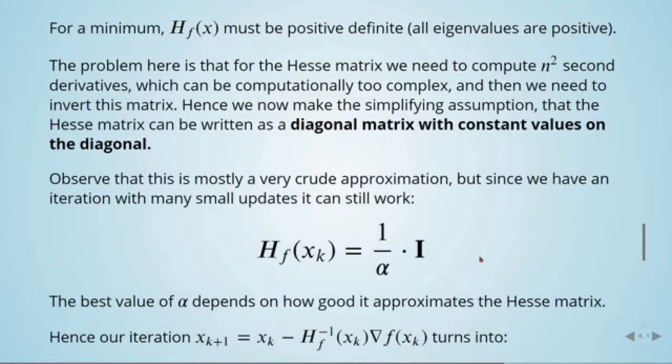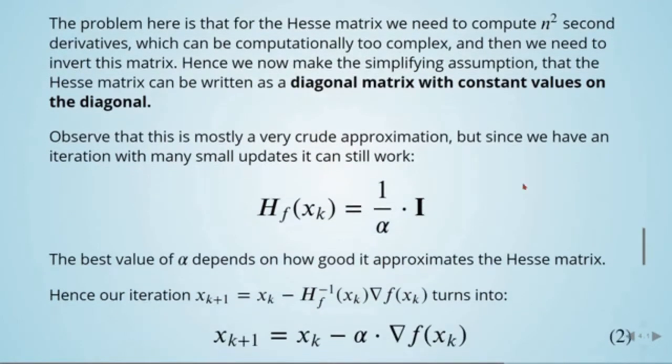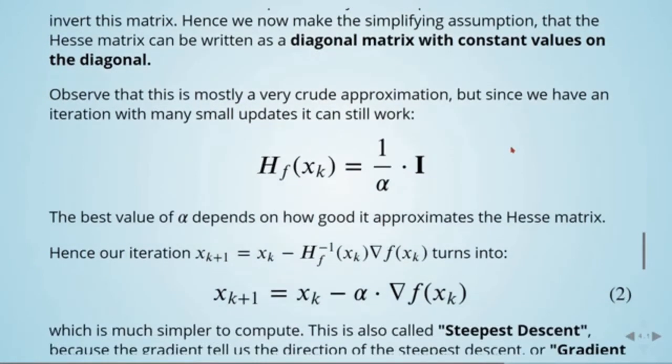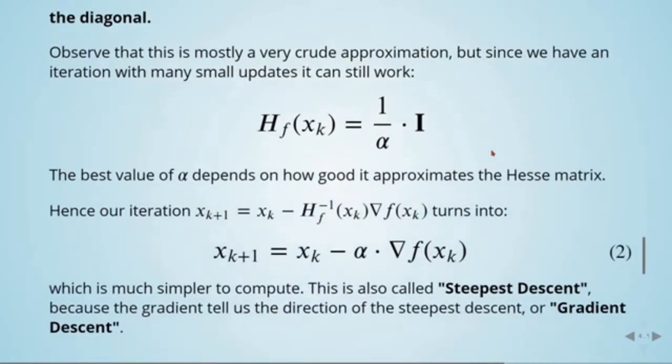So now we will assume that this Hesse matrix is 1 divided by alpha times the identity, and the best value of alpha depends on how good it approximates the Hesse matrix. Hence, now our iteration will go from this, with this inverse of the Hesse matrix and the gradient, and it will turn with this crude approximation to this one here.